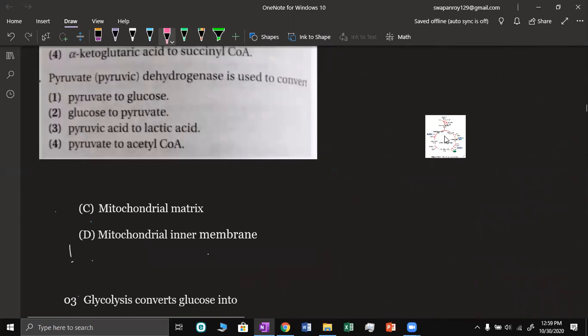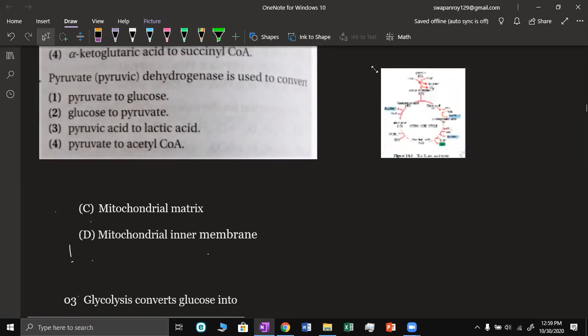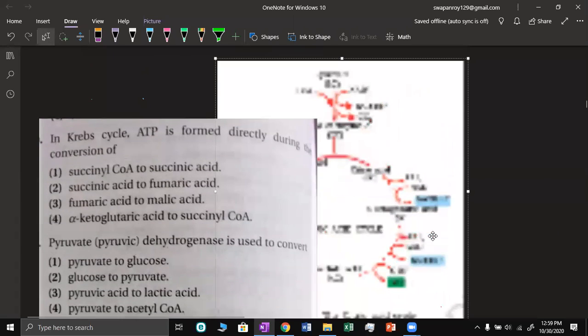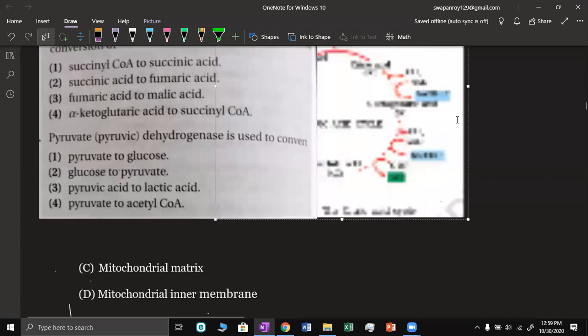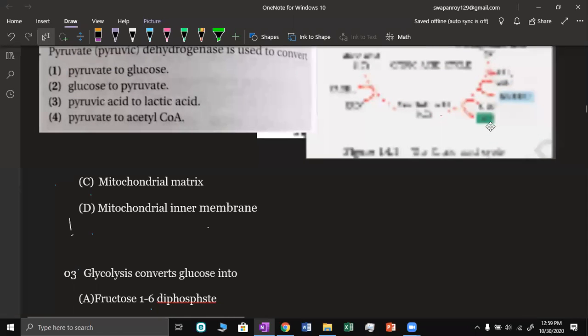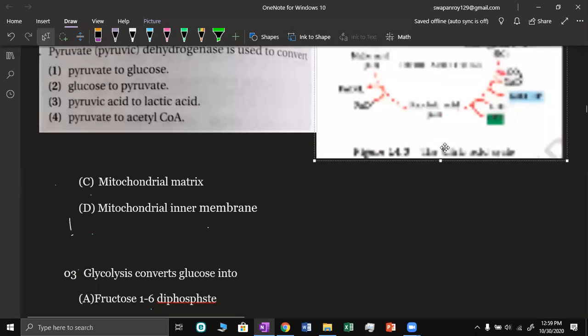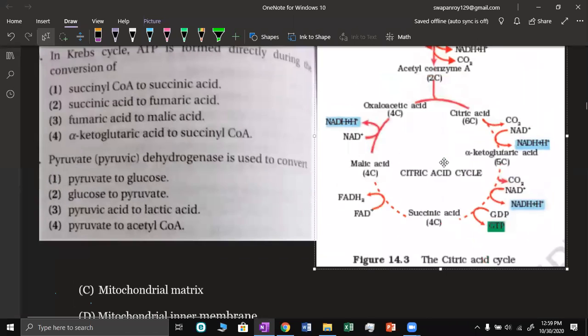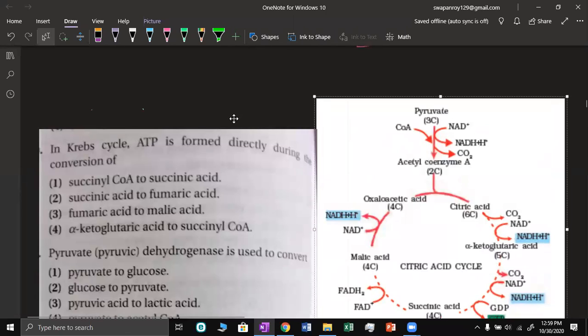Yes, you can see the Krebs cycle, and here you can see the cycle is clear.